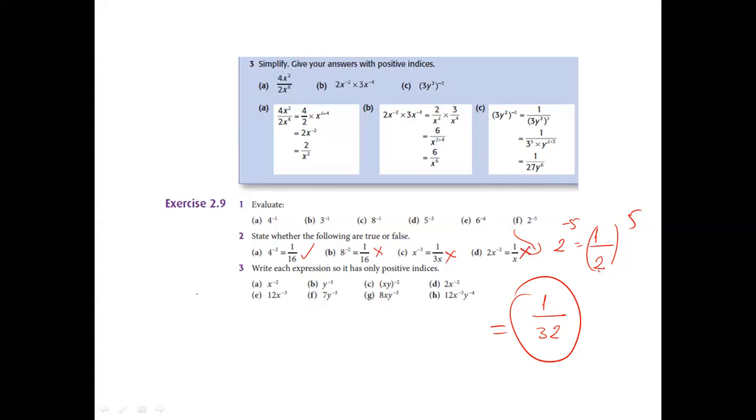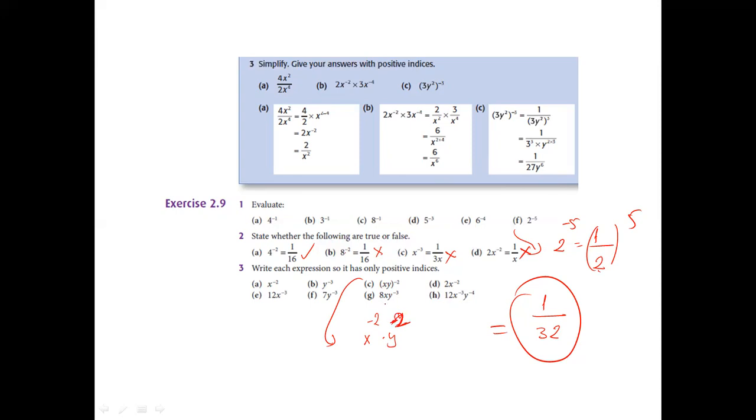Write each expression so it has only positive indices. And I want to show C. C is x to the power of minus 2, which contains also x and y. If you open the bracket, you will get x to the power of minus 2 times y to the power of minus 2. Sorry, it's minus 2.